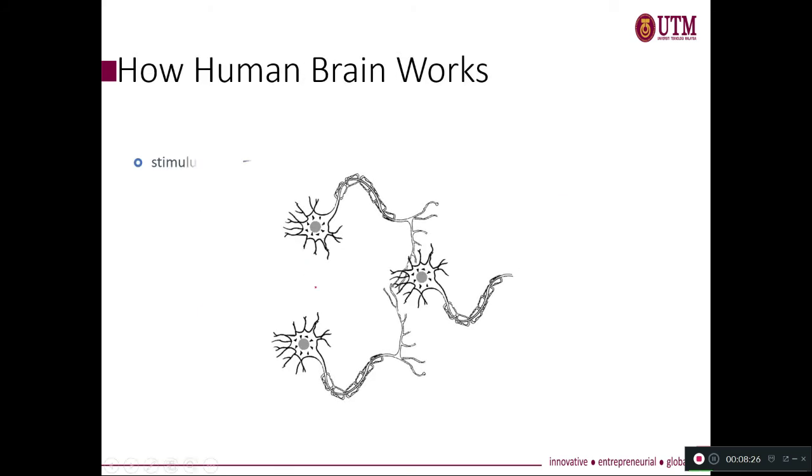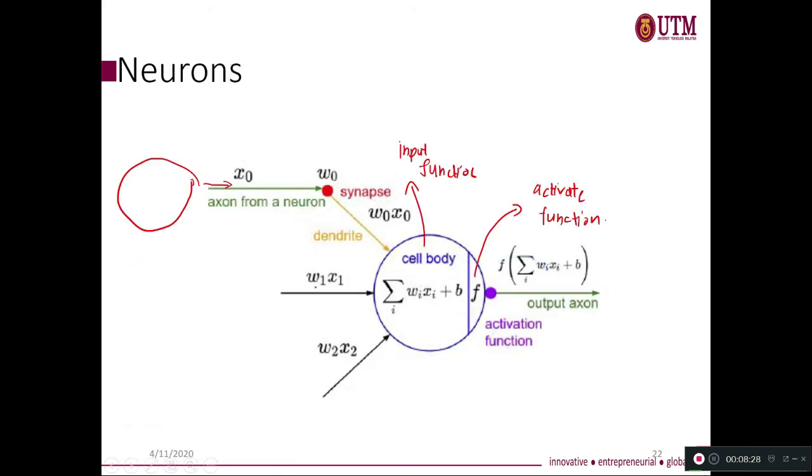So that's why you can see that in the mathematical model, this is the dendrite, this is the axon from another neuron, and the synapse will connect the previous neuron and this current neuron through the dendrites of this neuron.